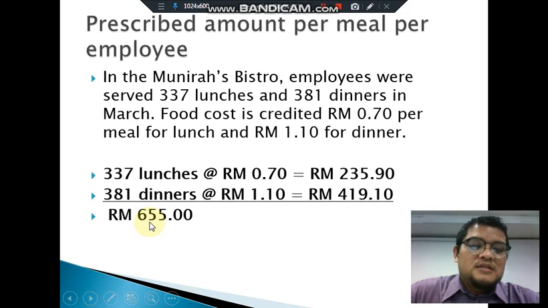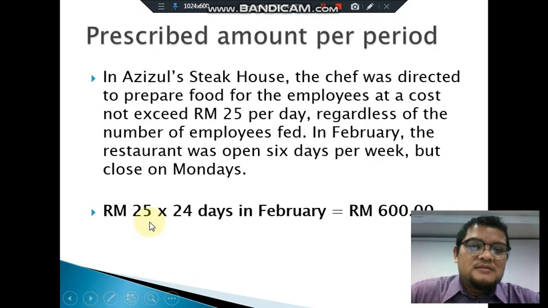Now, the next method is prescribed amount per period. Prescribed amount per period means you have a fixed amount for one period. So in Azizul Steakhouse, the chef was directed to prepare food for the employees at a cost not exceeding 25 ringgit per day.